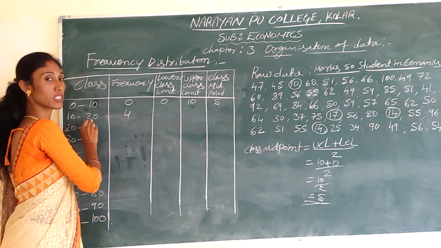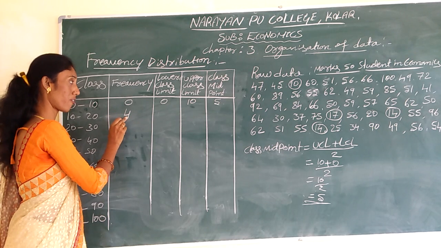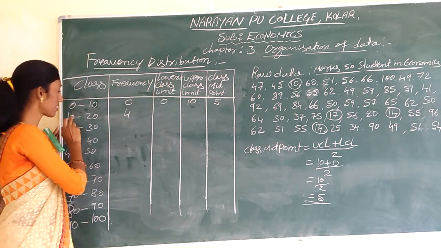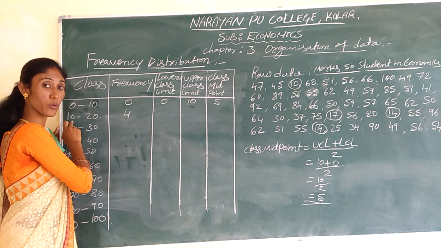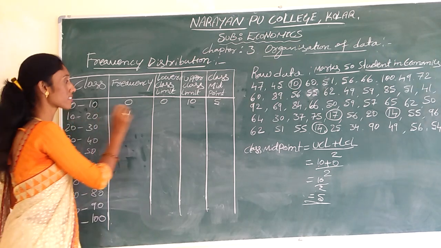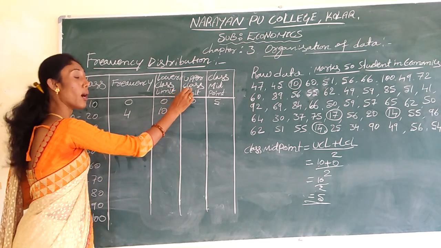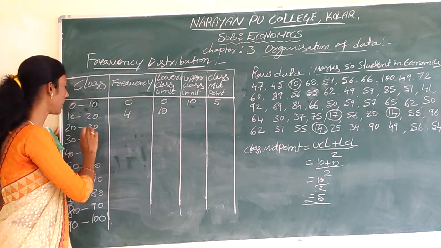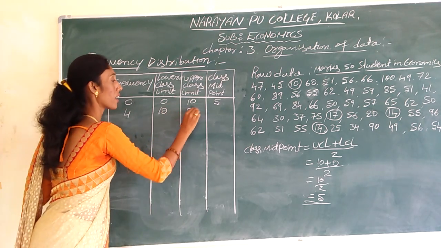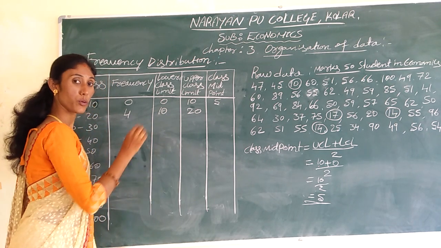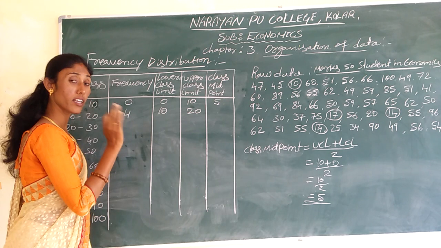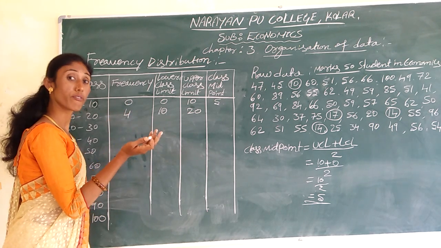The class frequency of this class is 4, and the lower class limit is 10. Which is the lowest value of this class? 10. Then it will be considered as the lower class limit. Coming to the upper class limit of this class, it is 20. For the class midpoint, 20 plus 10 is 30, and 30 divided by 2 is 15.